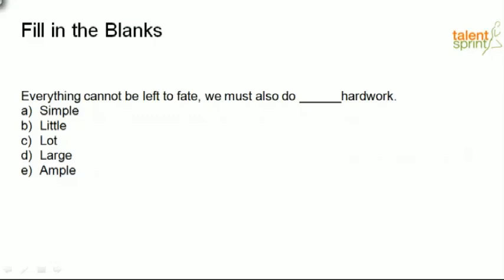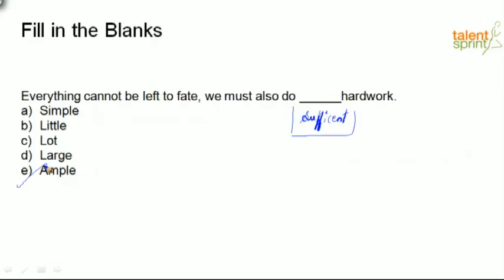So if I say we must also do the amount that is required to meet that particular purpose or need, this meaning is only given in option E, ample. Everything cannot be left to fate. We must also do ample hard work.